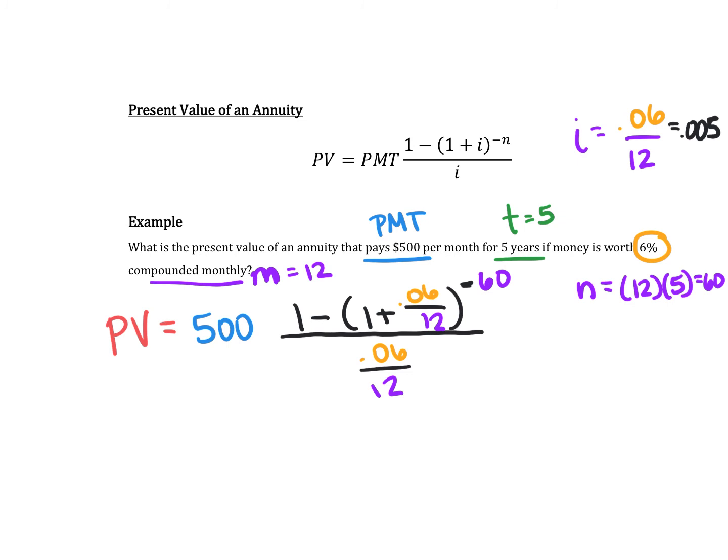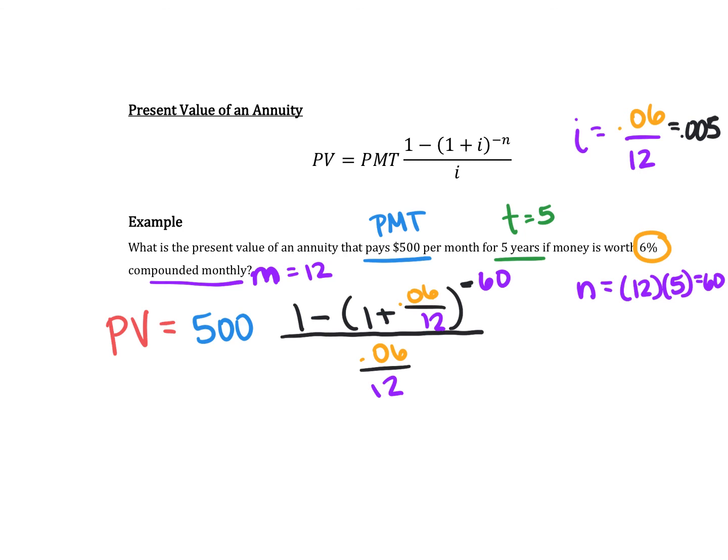When I do that, I get a value of 0.74137. Then I'm going to do 1 minus that value, and I get 0.2586.